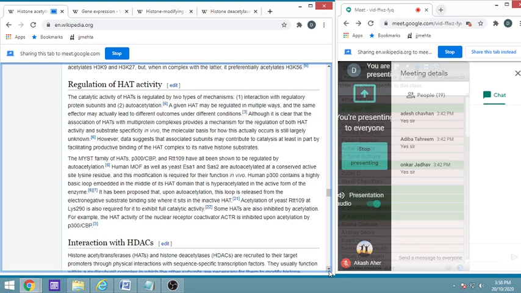The association of these enzymes with many protein complexes provides a mechanism for regulation of both HAT activity and substrate specificity in vivo. The molecular basis of how it occurs is not known, because it is very complex, as I was telling you. How exactly it happens, and at what condition what type of chemical or regulator is secreted, is not known.